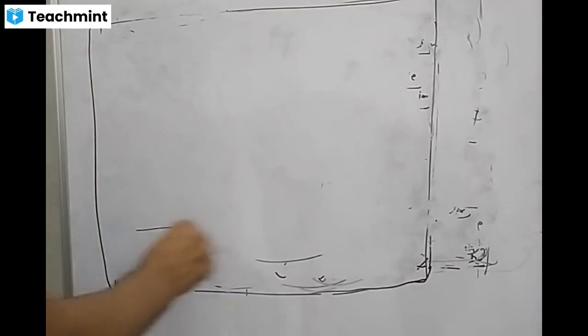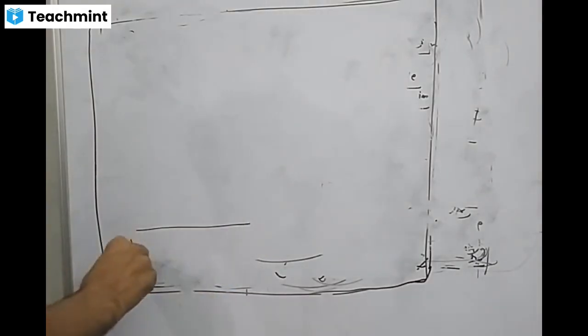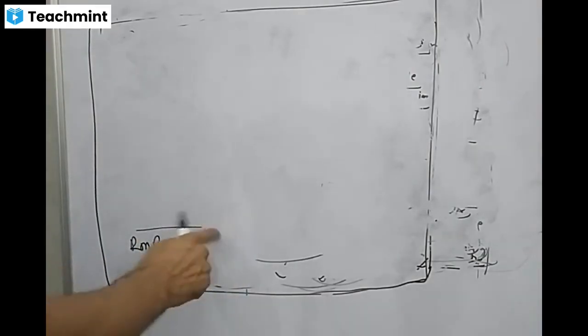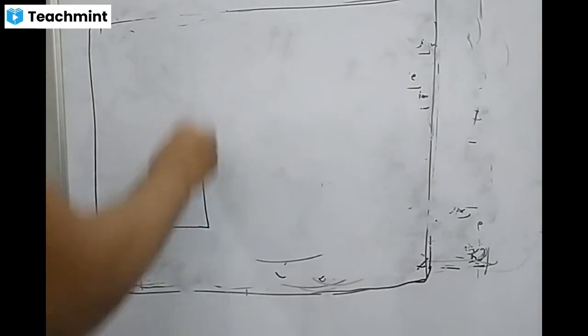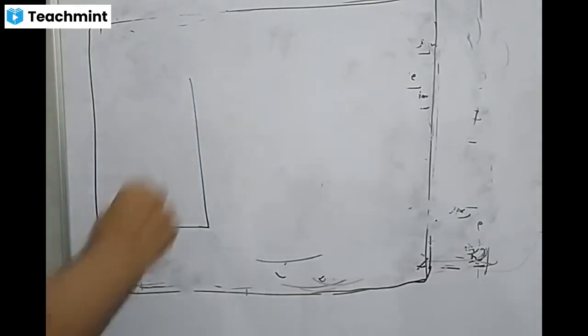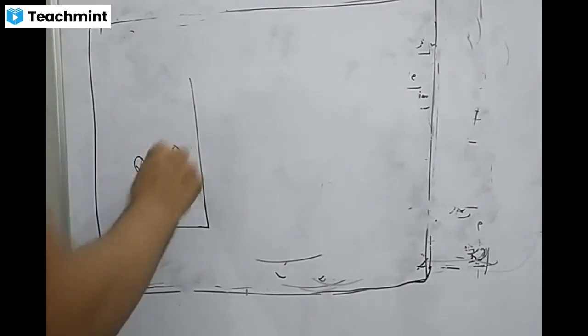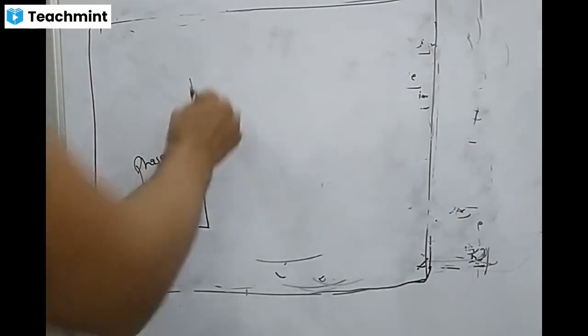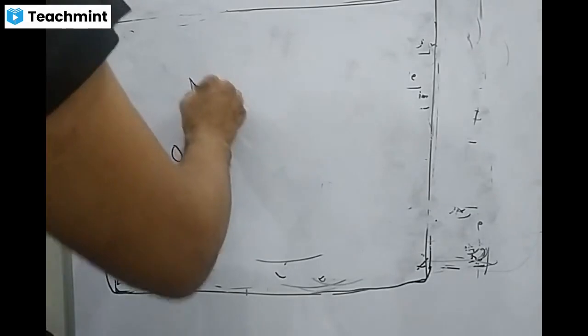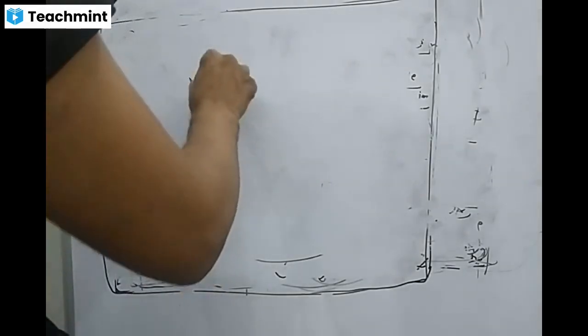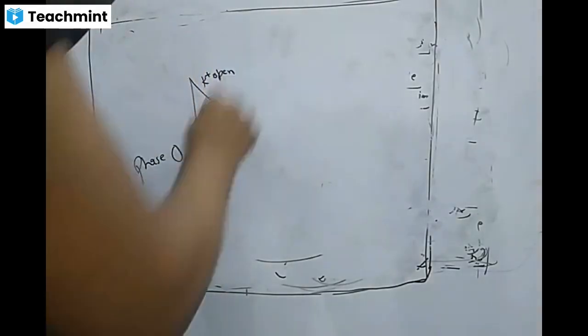So this is the resting membrane potential of your cardiac cell. When the sodium channel opens, it goes up. We call this phase zero. Then the potassium channel opens.